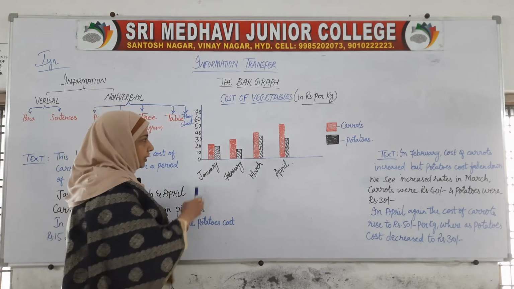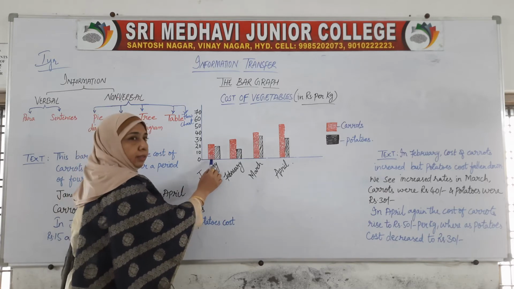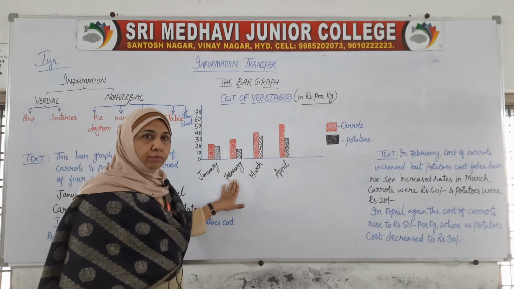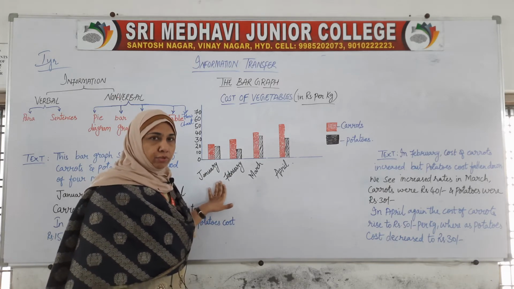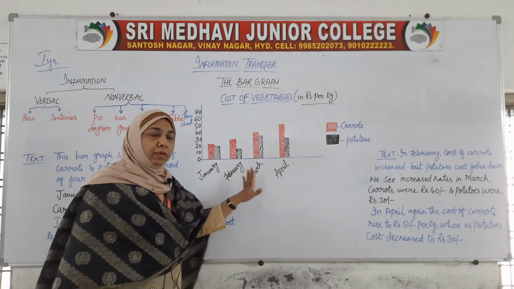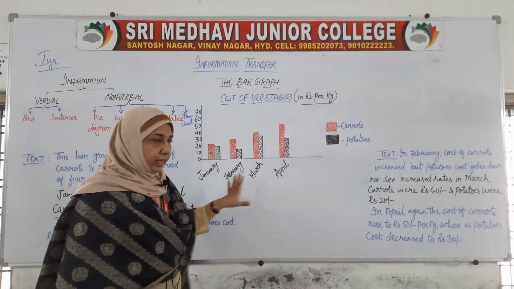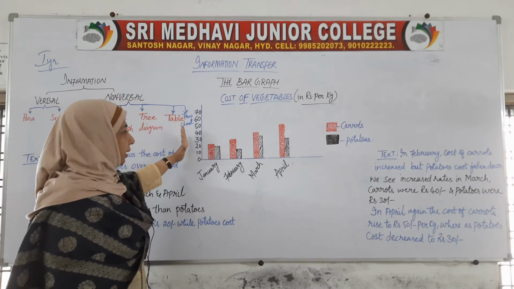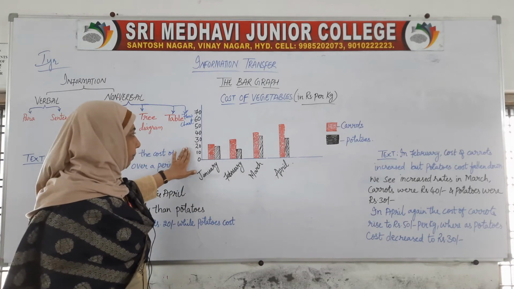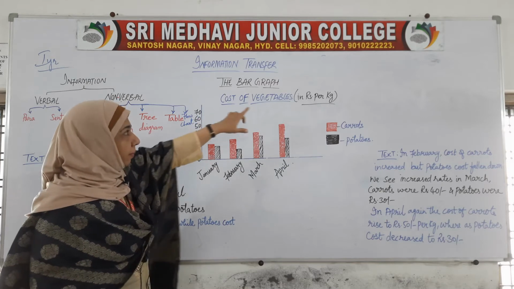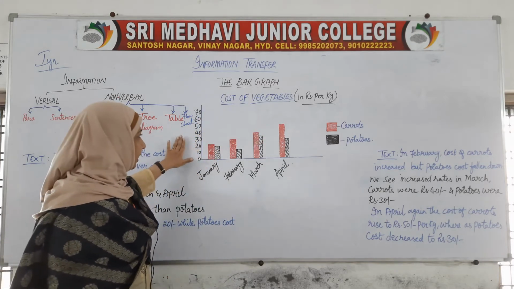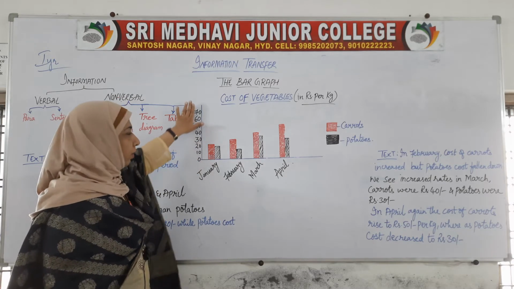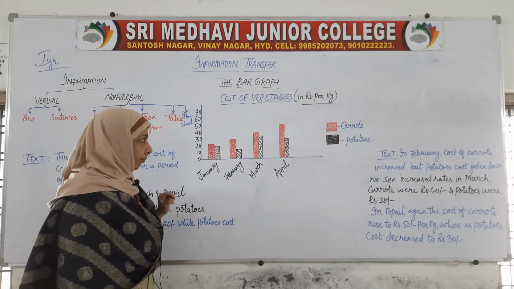Here on the x-axis, they have given you the names of four months: January, February, March and April. Then on the y-axis, the numbers are given as rupees per kg: 10, 20, 30, 40 till 70.